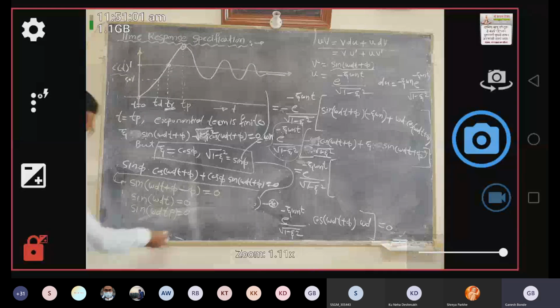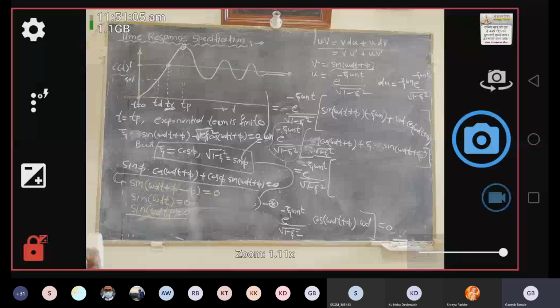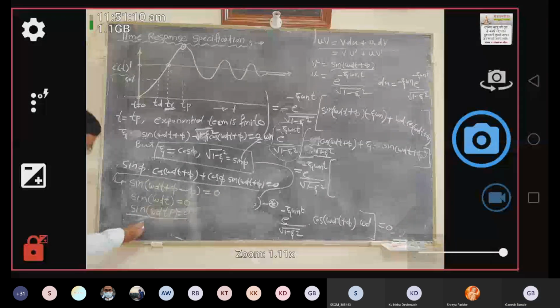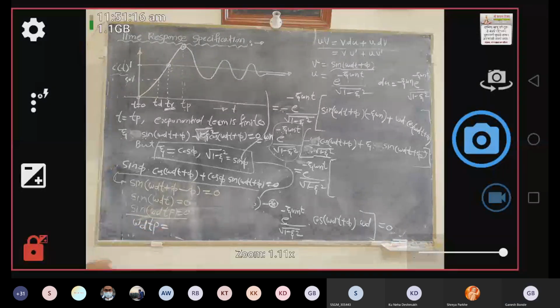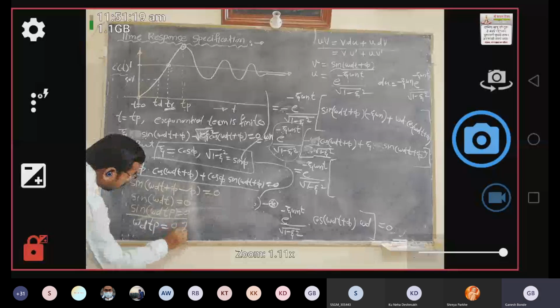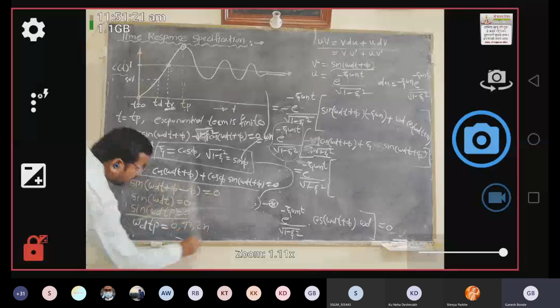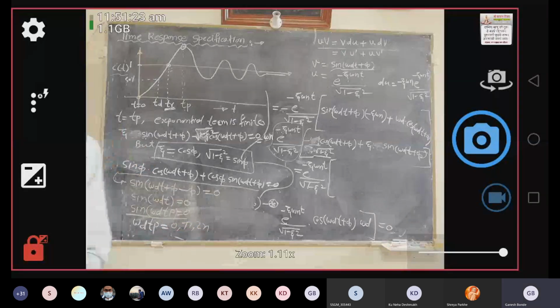So when this condition is satisfied, sine omega d Tp equal to 0, again you can apply the formula: this holds when omega d Tp is equal to 0, pi, 2 pi, 3 pi, and so on.